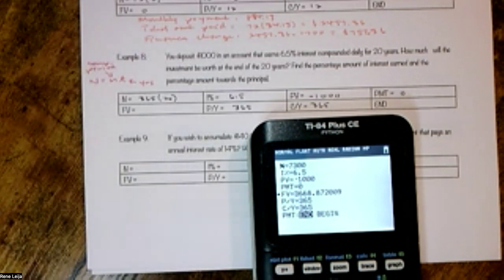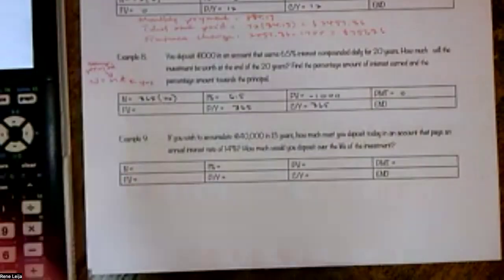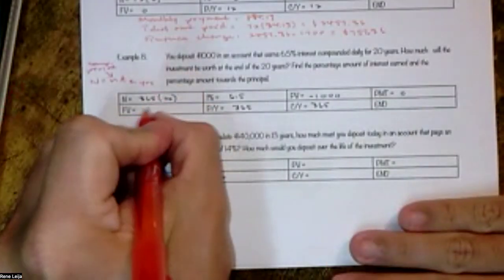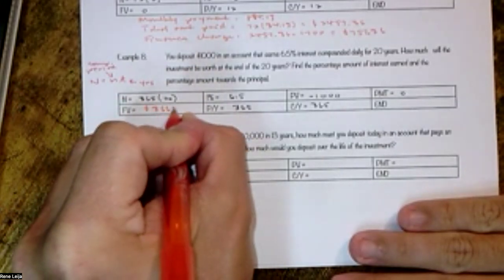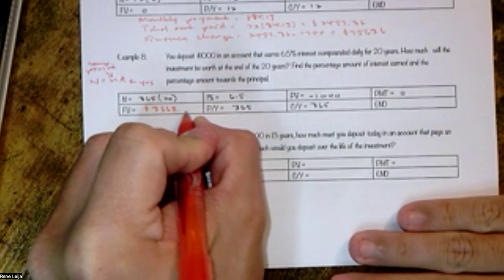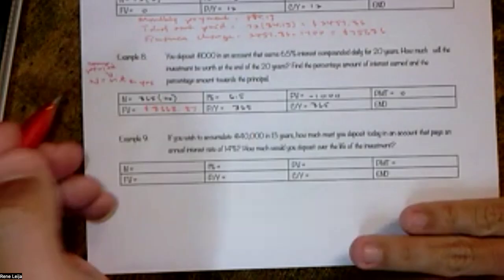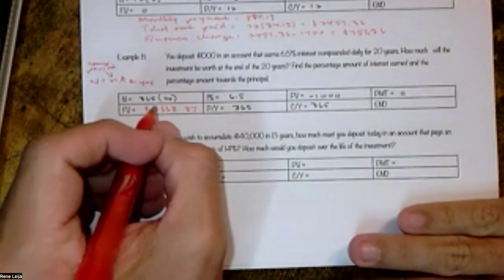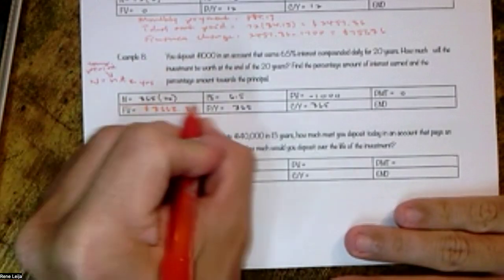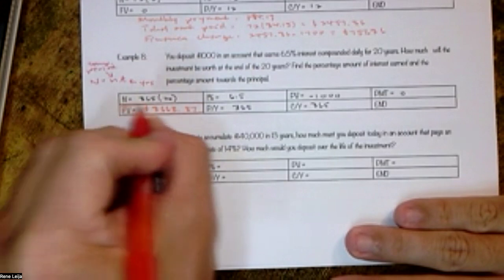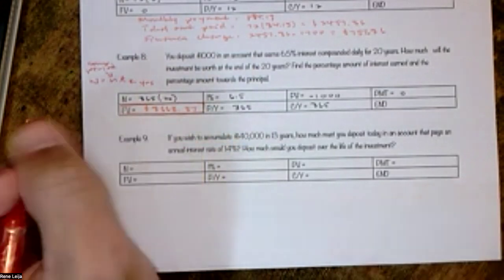And so you should end up with $3,668.87. Okay, so that's how much our investment will be worth at the end of the 20 years.